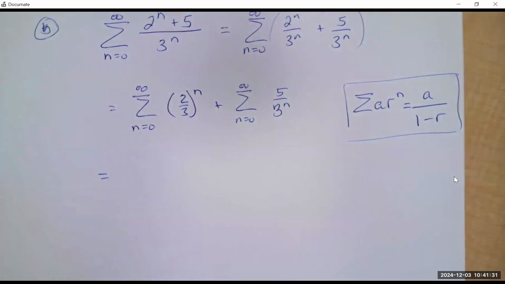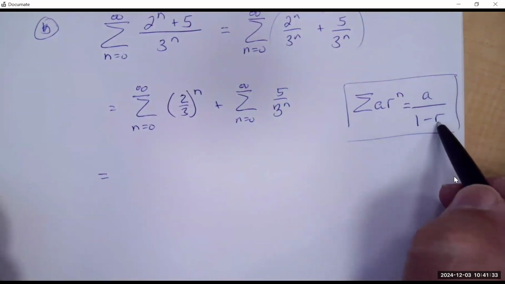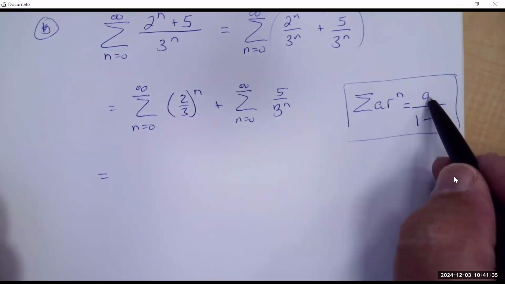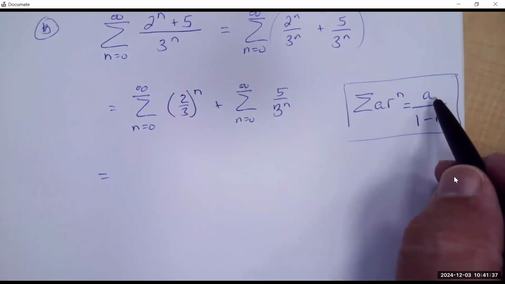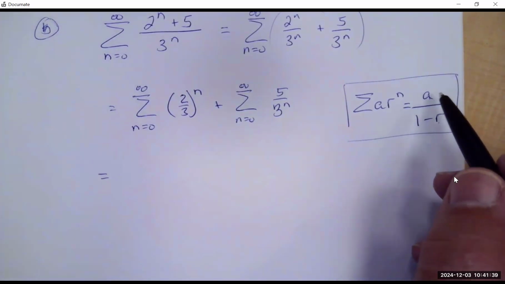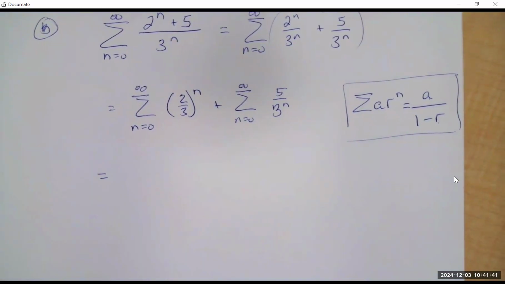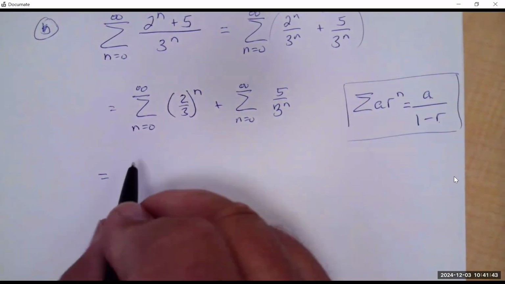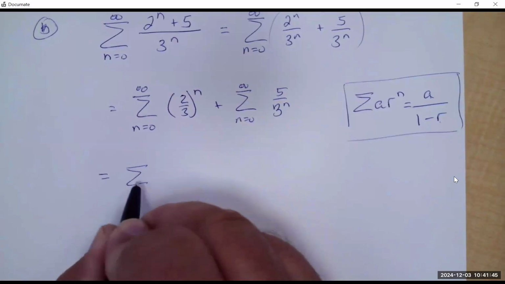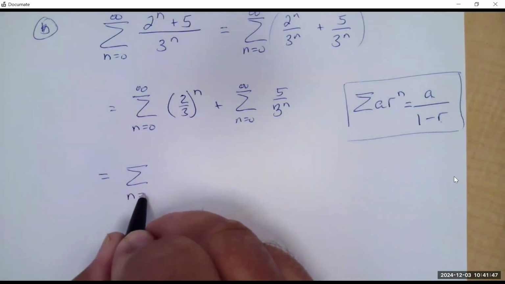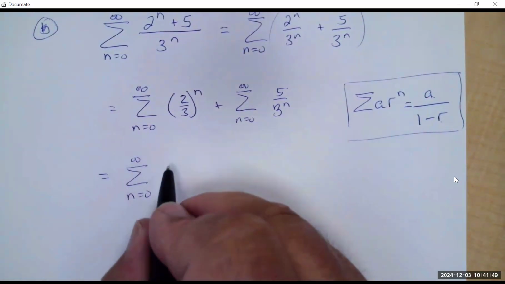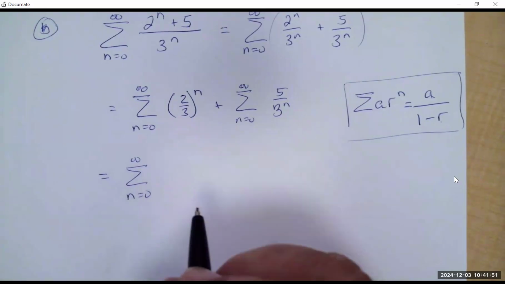If we get it into the rate of change and the repeating term, we can rewrite it this way. So in this first term, what is A?